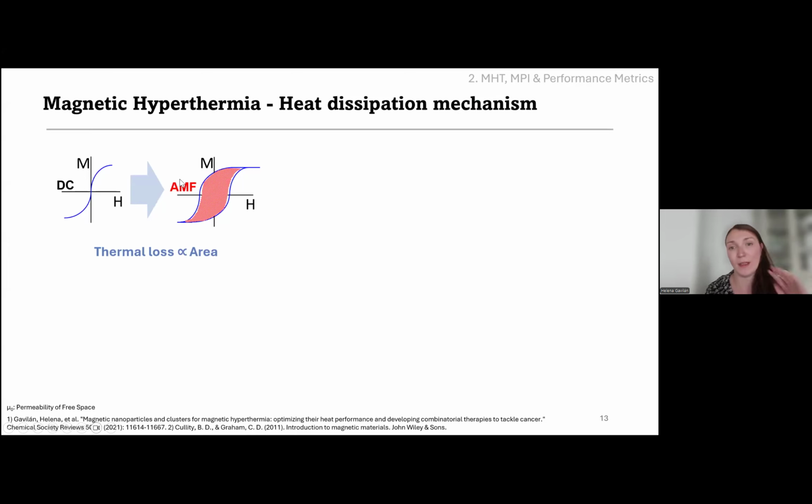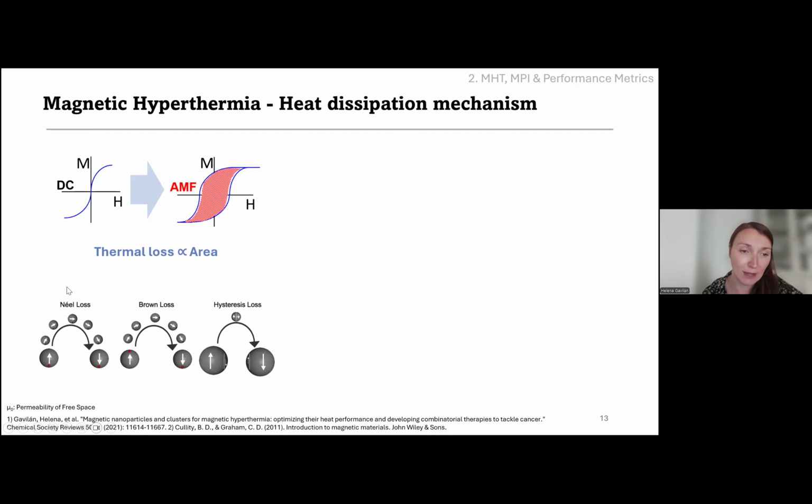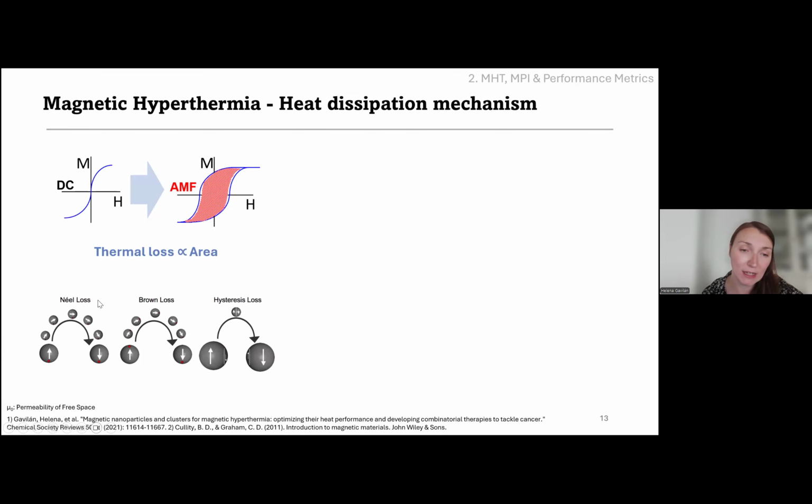Okay, so what is the heat dissipation mechanism? We know that when applying an alternating magnetic field to superparamagnetic nanoparticles, the hysteresis loop will be open and the thermal loss will be proportional to its area. This is related to the magnetic relaxation of the nanoparticles, which can be either Néel, Brownian, or hysteresis losses.